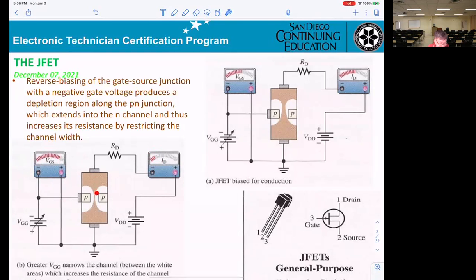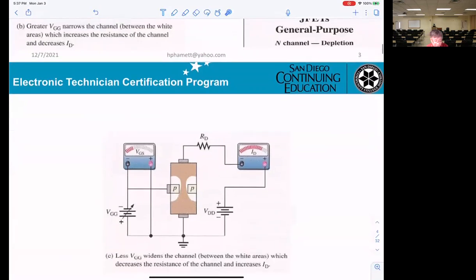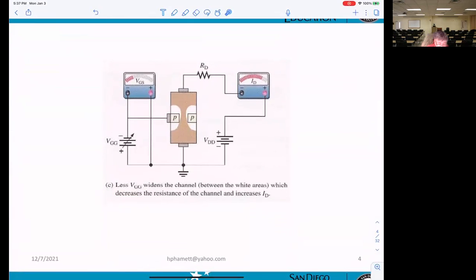The reason is the channel is now narrow, so less current will be flowing. In the second one, when you get a less negative VGS, you get more current ID. Looking at this physical picture, the channel will be wider, so more electrons moving, so more current.